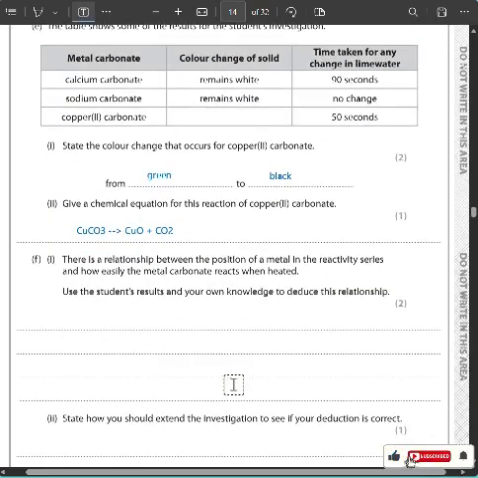There's a relationship between the position of a metal in the reactivity series and how easily the metal carbonate reacts when heated. Use the student's results and your own knowledge to deduce this relationship. Okay.